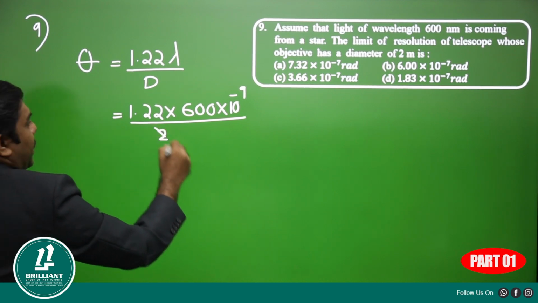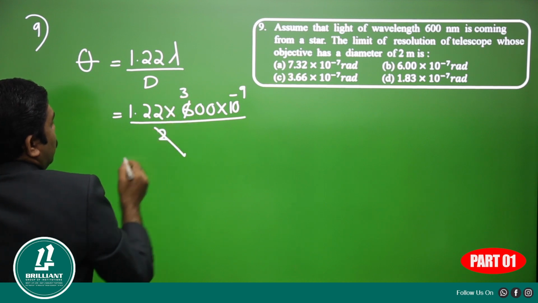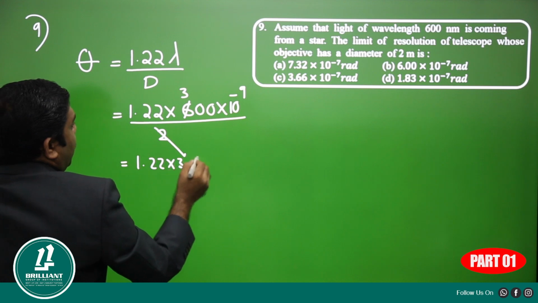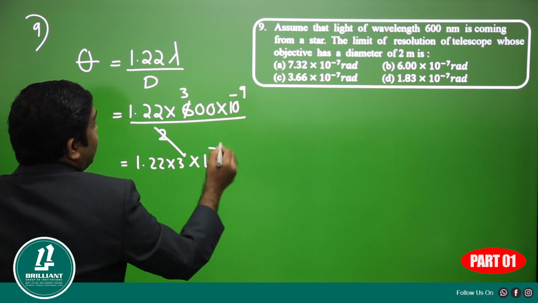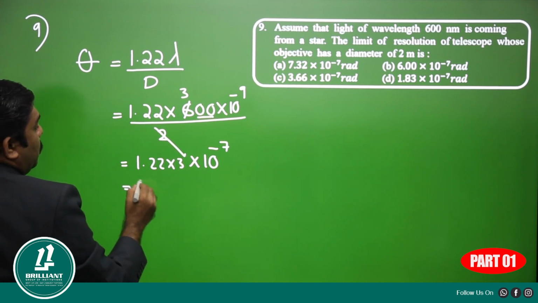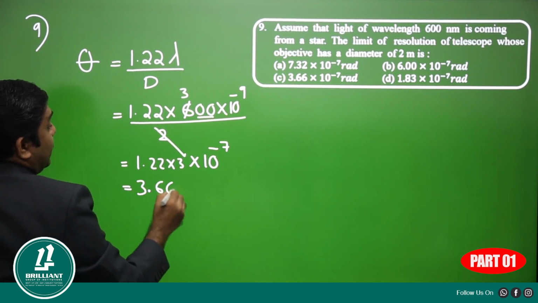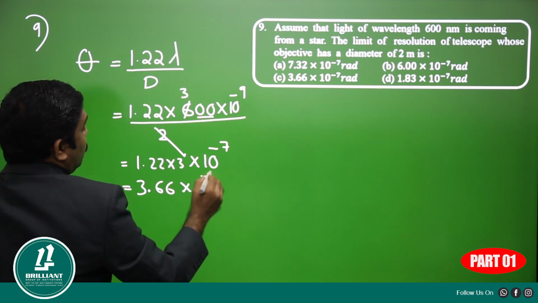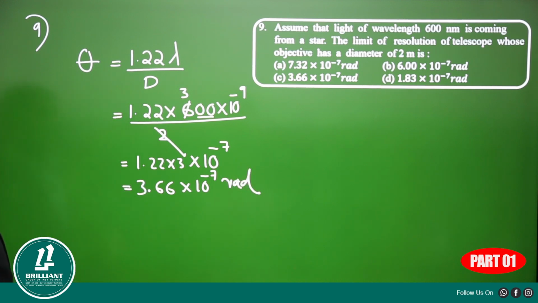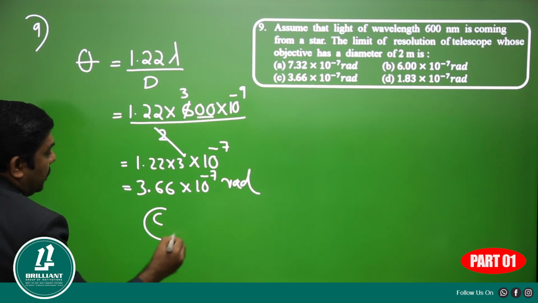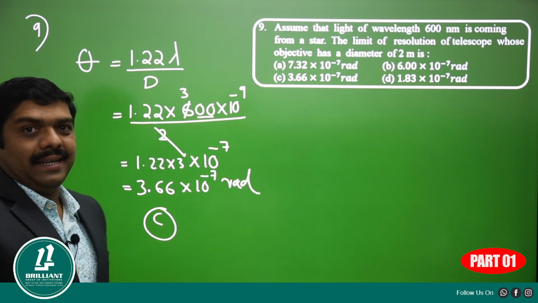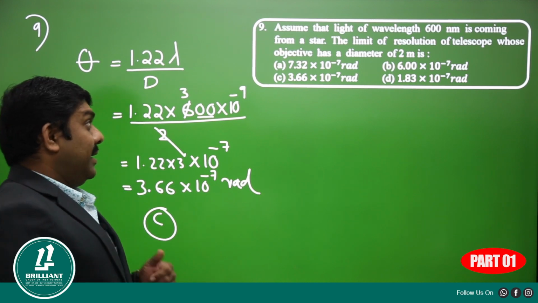Now you can simplify here, 3 coming. So 1.22 into 3 into 10 raised to -7, and that is equal to 3.66 into 10 raised to minus 7 radian. So the right answer is option C, 3.66 into 10 raised to minus 7 radian.